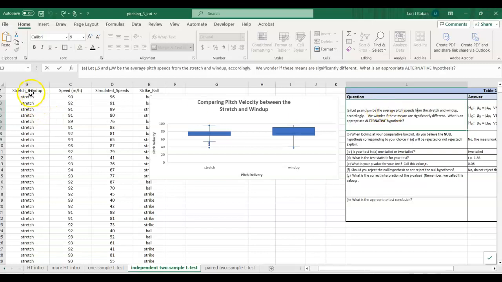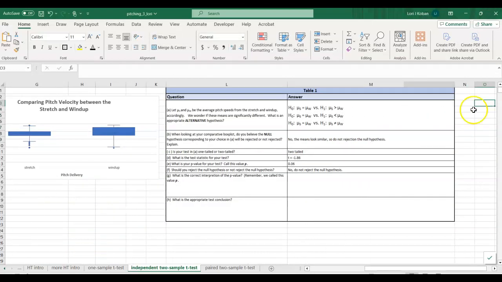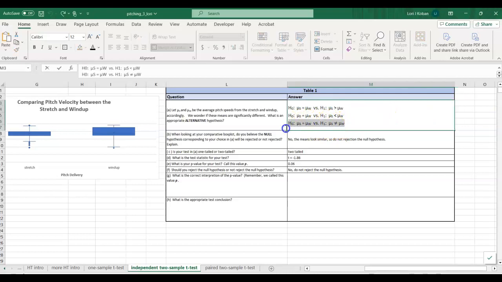We have some pitches from the stretch and some from the windup, and we wonder if these means are significantly different. Are the means the same or are they not?